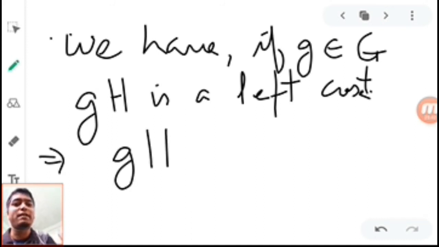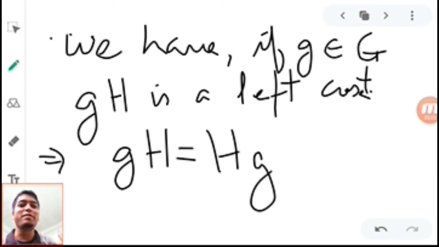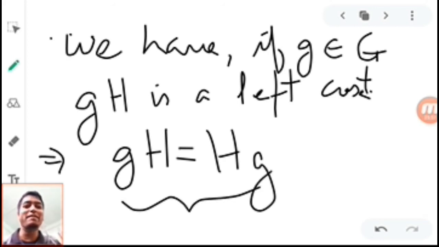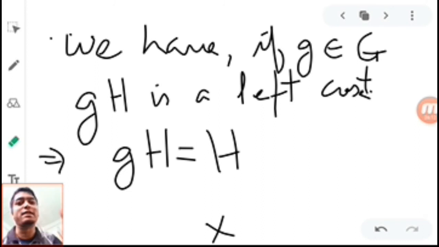This left coset, it is a right coset. Some of you may be thinking that we can easily write it down as left coset is equal to right coset. But actually, there is a mistake with concluding this one directly. Of course, after a few lines, we will get this one, but for now, we cannot do it because the statement just states that it is a right coset. It doesn't say which right coset it is.